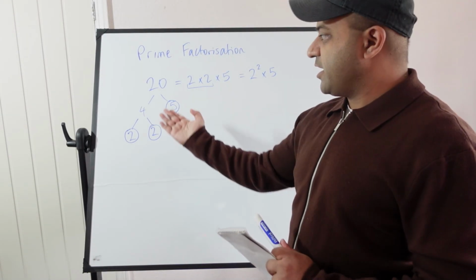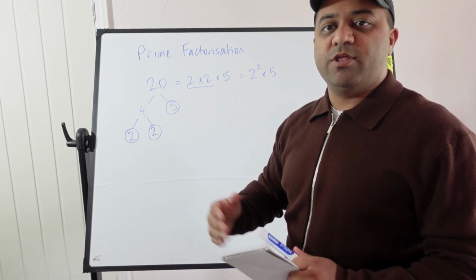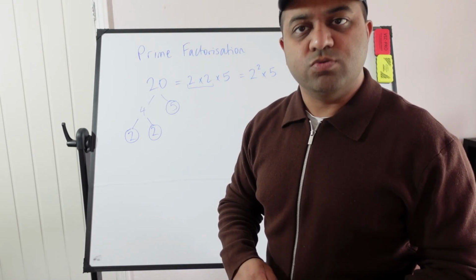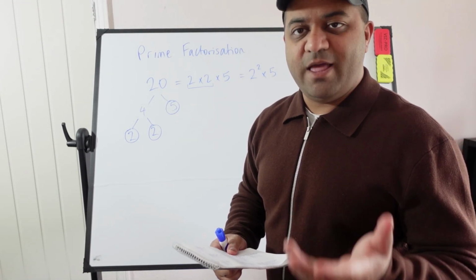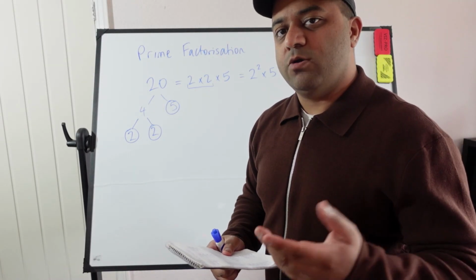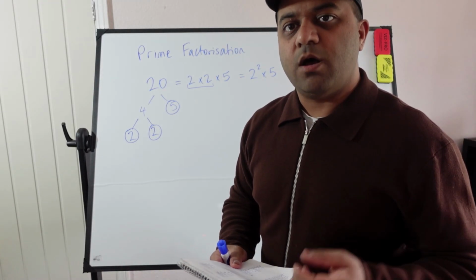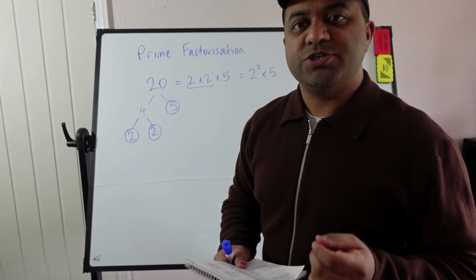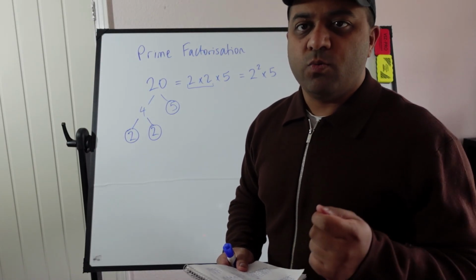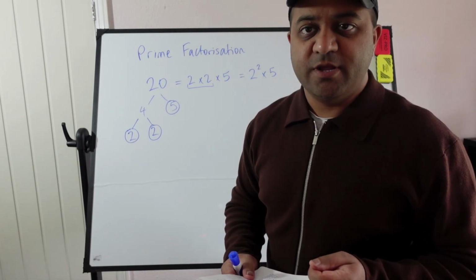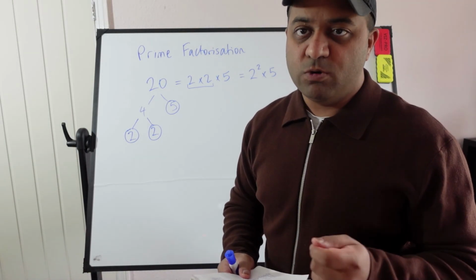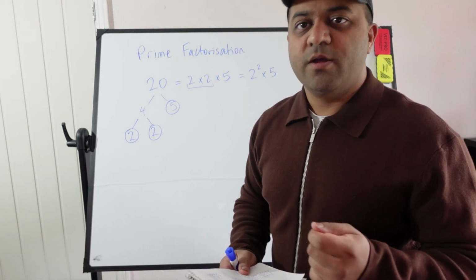So this technique of breaking down the number into two numbers that multiply to create it can become very lengthy if done with larger numbers. I'll show you another technique which saves space and will always give us the result of prime factorization in the ascending order of primes, which is what we want in our exams.